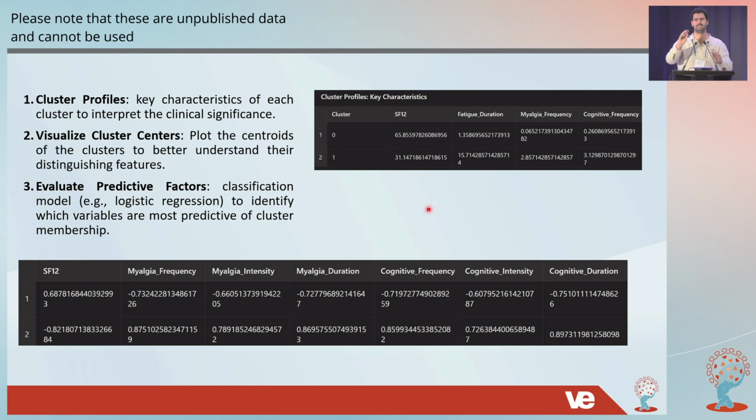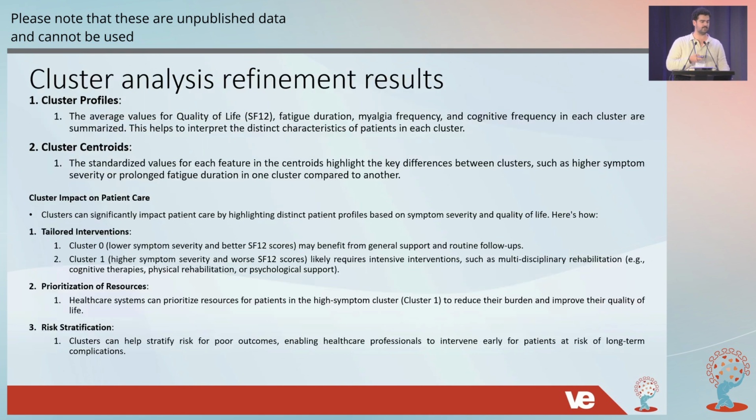Basically, what this represents is how big a role these different variables have: myalgia frequency, myalgia intensity, myalgia duration, and the same with cognitive. So which of these factors play a bigger role in worsening the quality of life of patients?